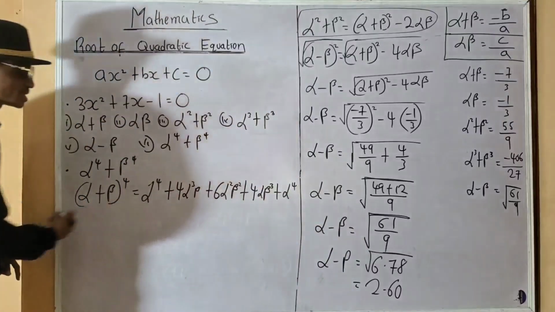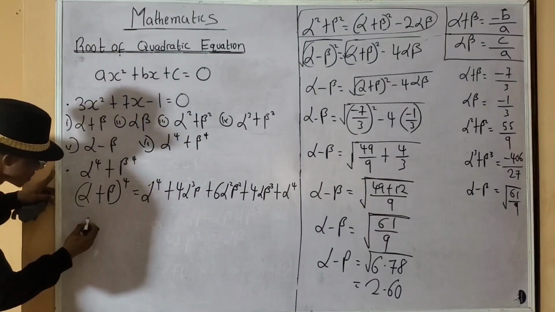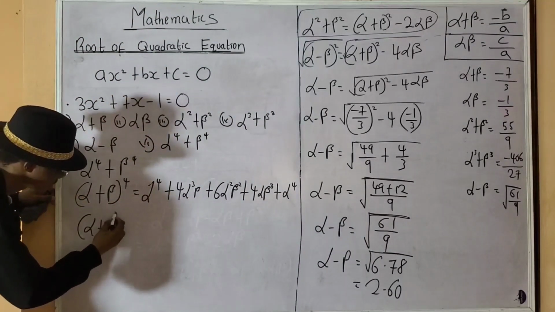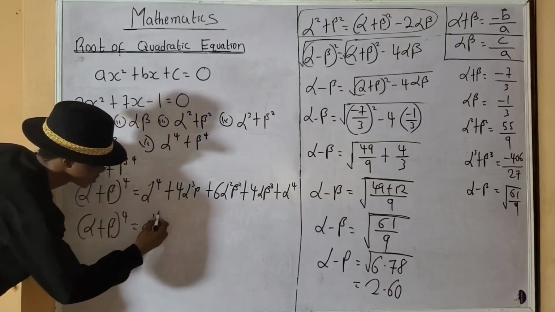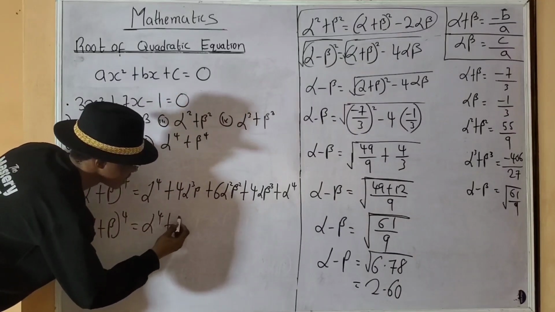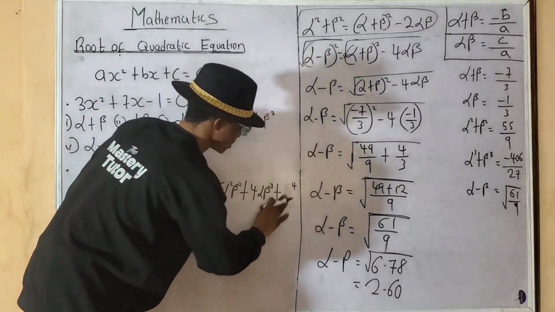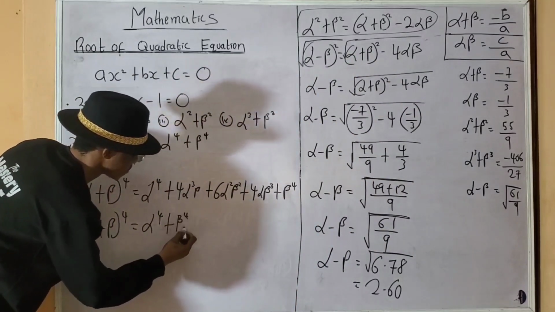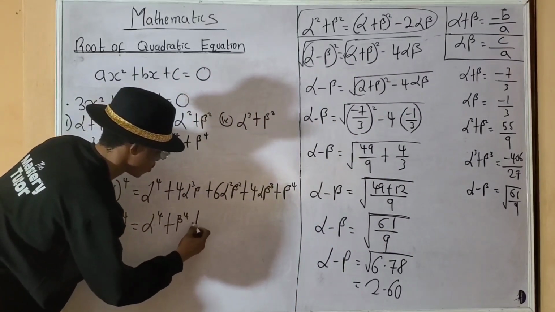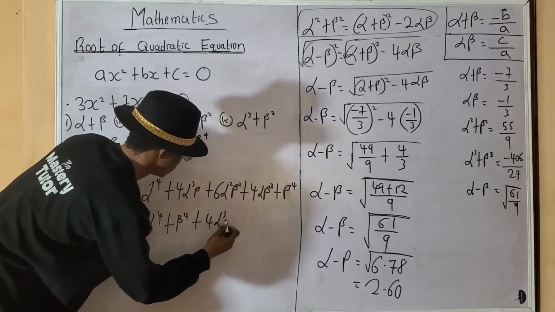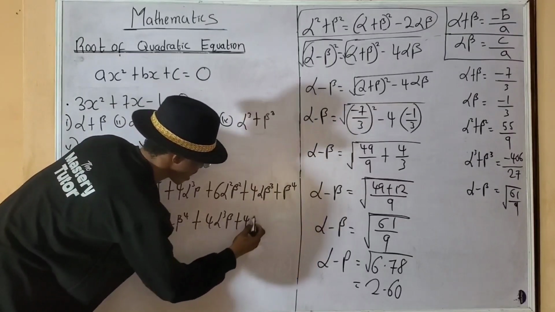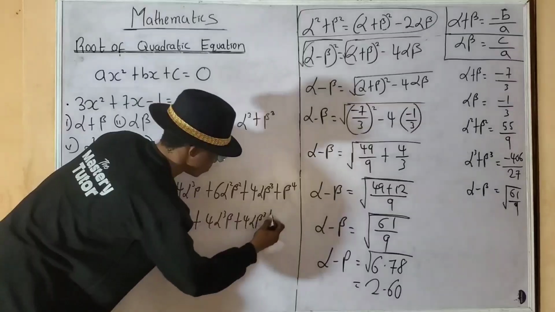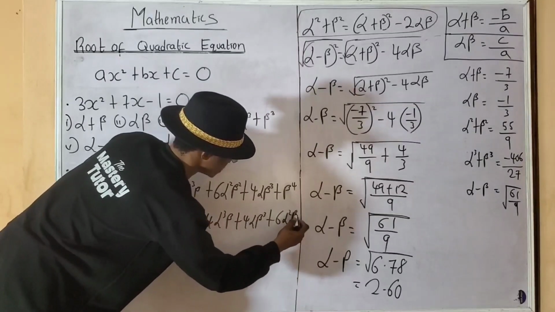So, I'm going to rewrite the equation. So, it becomes alpha plus beta raised to the power of 4 equals alpha raised to the power of 4 plus beta, sorry, beta raised to the power of 4, plus 4 alpha cube beta plus 4 alpha beta cube plus 6 alpha squared beta squared.